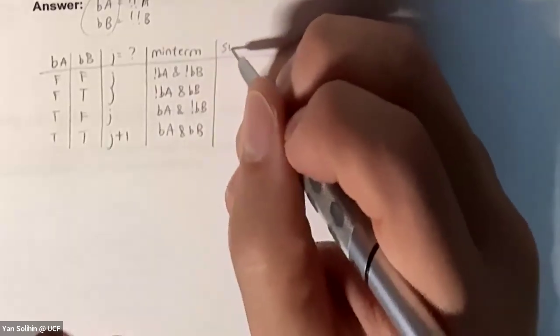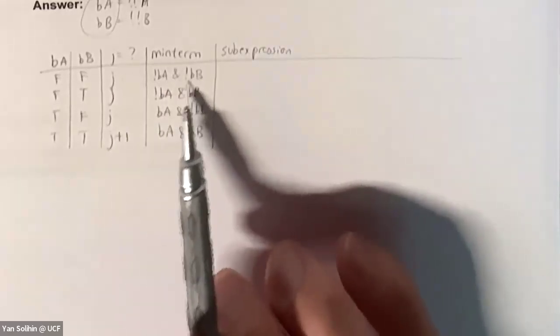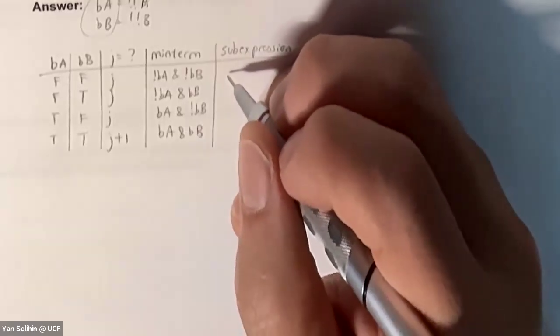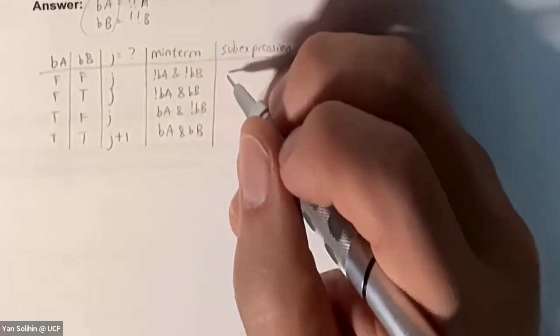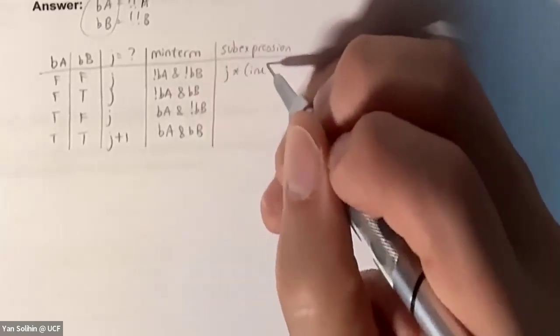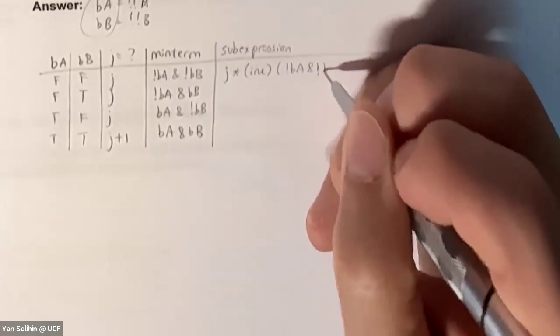So now finally the sub expression. The sub expression will be a multiplication of this and this. However, because this is Boolean, we have to convert it back to integer. So this will be J times integer of not BA and not BB.